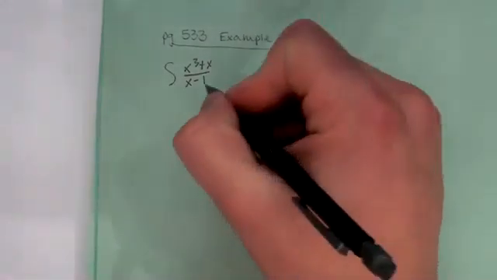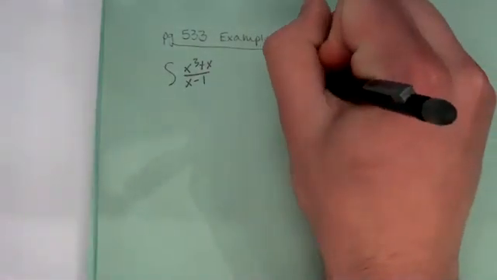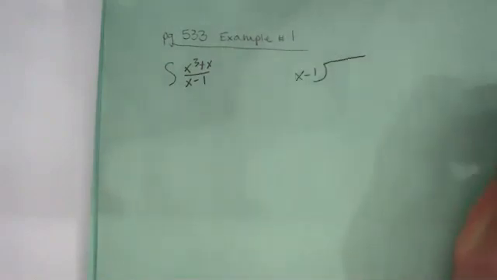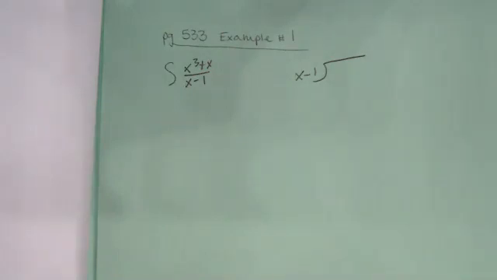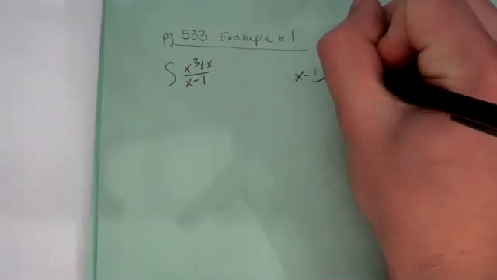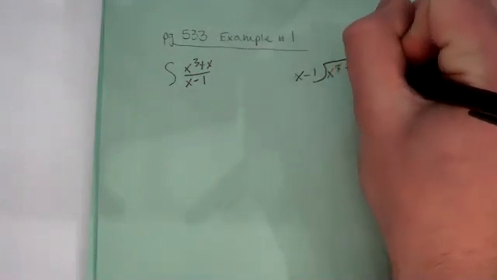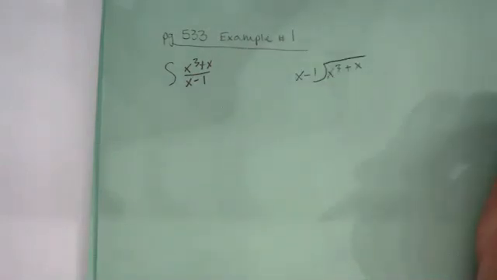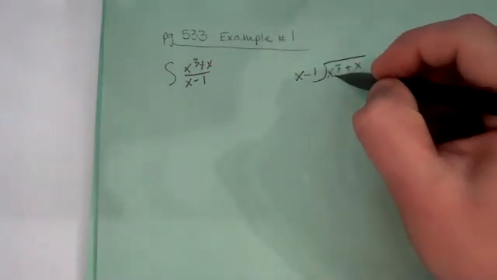The first step is you take what's on the bottom and put that outside of your little boot thing right here. That's how I learned it. Then we've got our x cubed plus x in there. So x times what is x cubed?